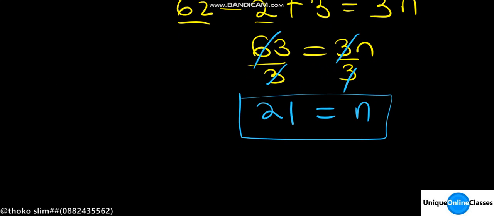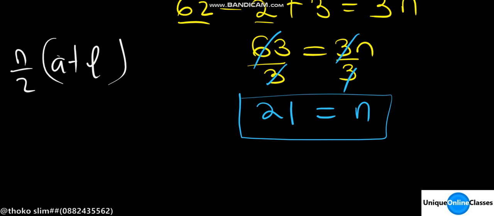You can choose any formula, whether n over 2 times a plus l, or n over 2 times open bracket 2a plus n minus 1 d.